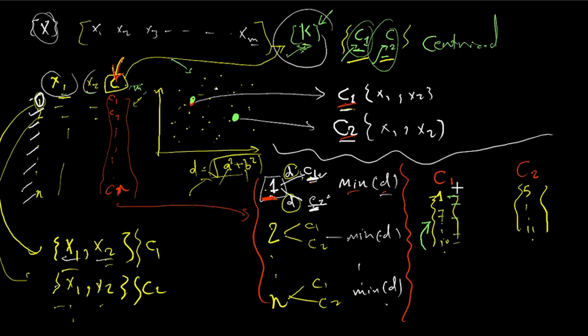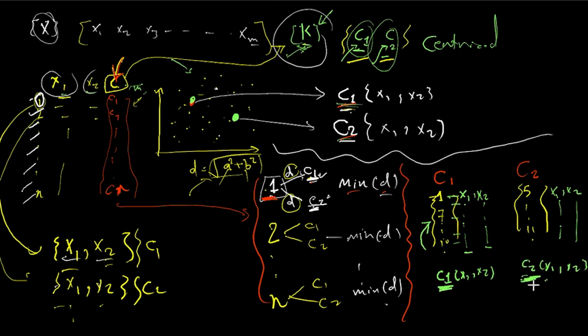In other words, I know each point has a value of x1 and x2, so let's sum up all these points and get their average. Now I have a new C1 represented with a single value of x1 and x2. The same thing if I do the average here, I would have x1 and x2. Great, now I have completely new values of C1 and C2.